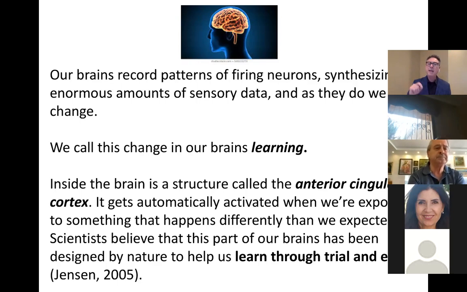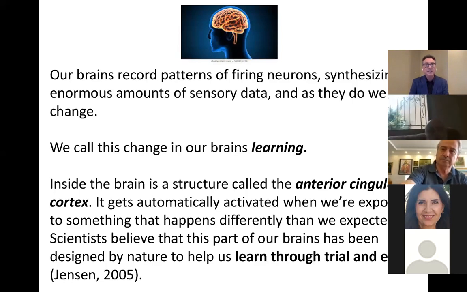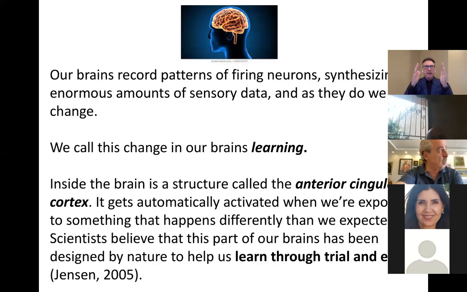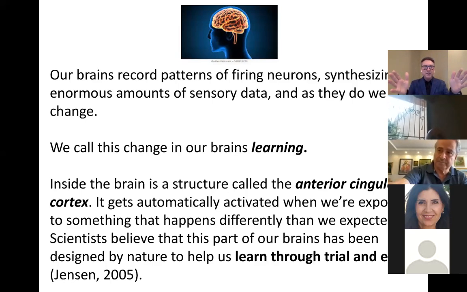Of course, we can't learn through trial and error unless we're absorbing and receiving feedback. So for me, that was like, wow, now I can map this. I can see where it's happening in the brain. And I can imagine when I'm teaching or designing a course or a lesson, I can think about not 50 students in the classroom, but 50 brains with all of these complex neurons firing and synthesizing.